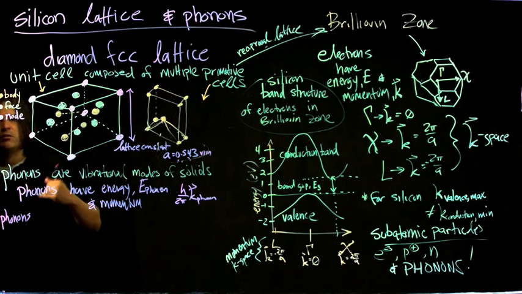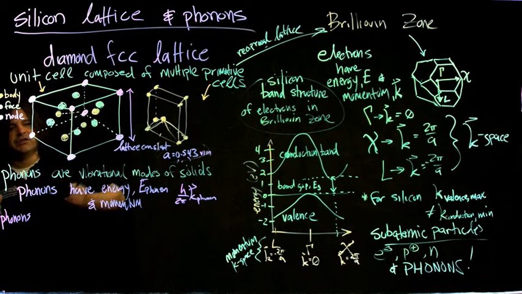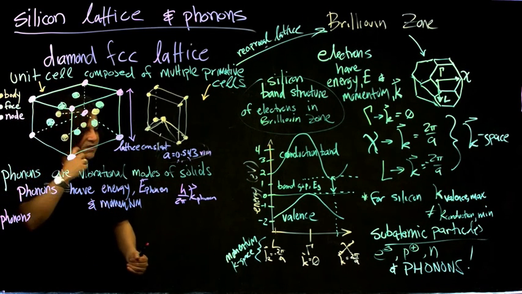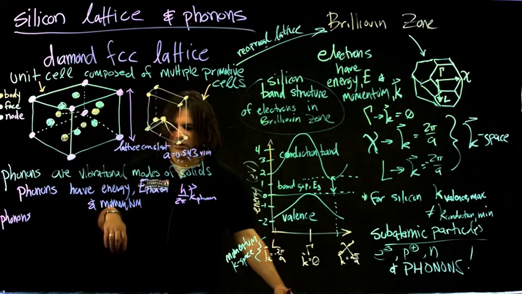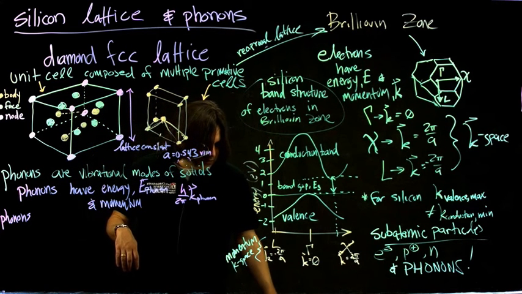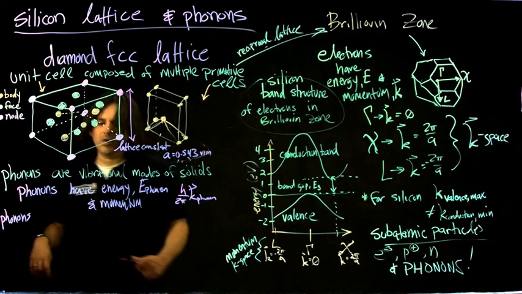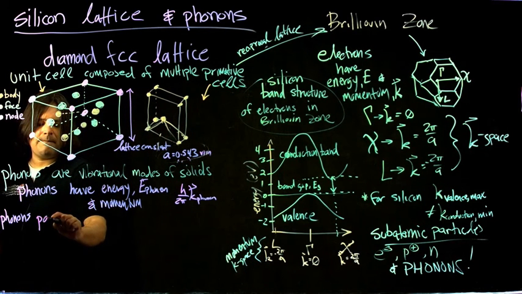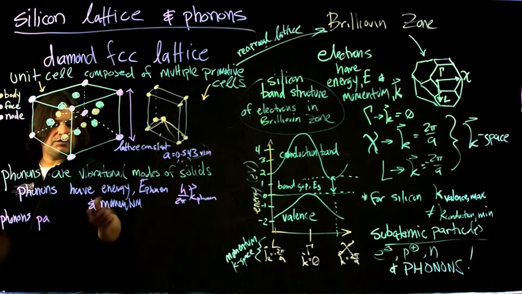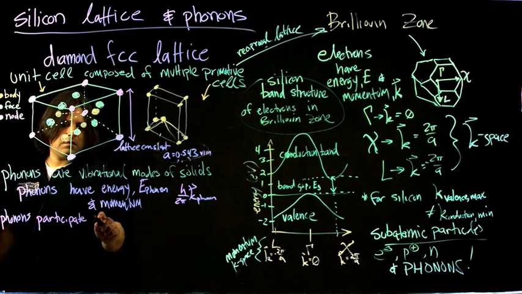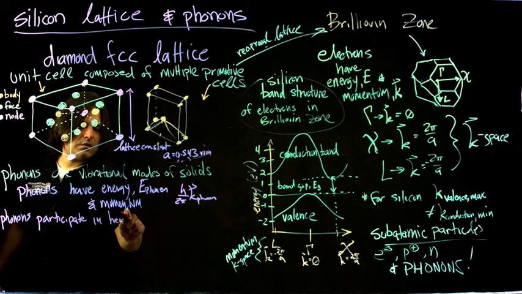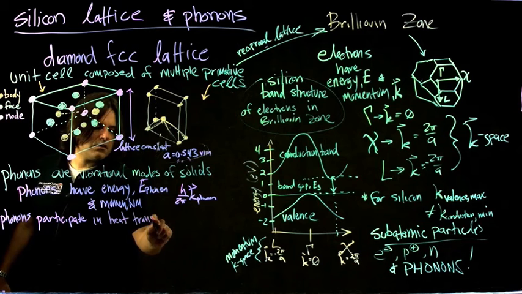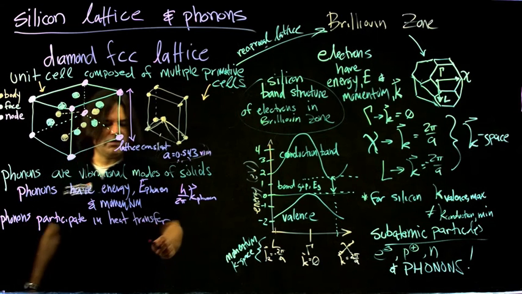If these are vibrational modes, that's a way to transfer energy across the mass by heat transfer. So phonons participate in that through these collisions of energy and mass. So they have energy and momentum.